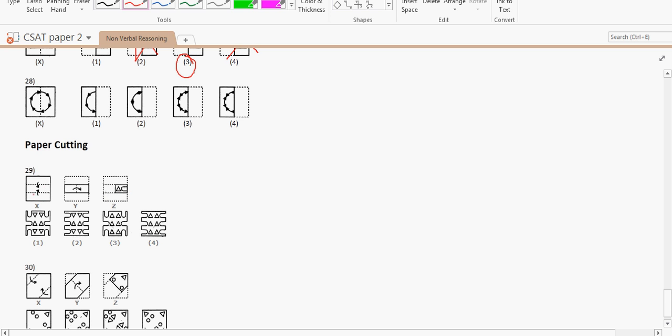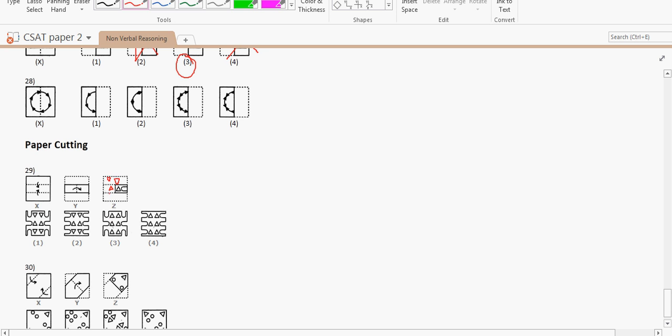So firstly, you are given a square paper. Then you fold it into 3 parts. Again, you fold it in half and you come up with a triangle, right? Now when you open it, there would be a triangle here. There would be a triangle here, which has to be inverted, something like that, right?